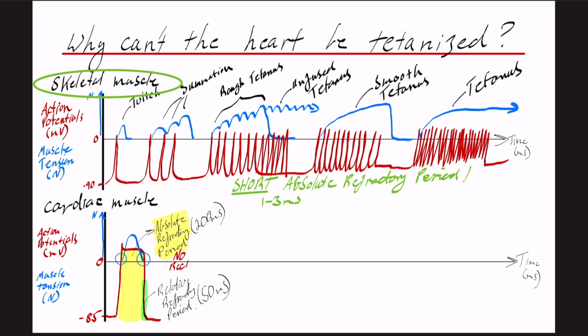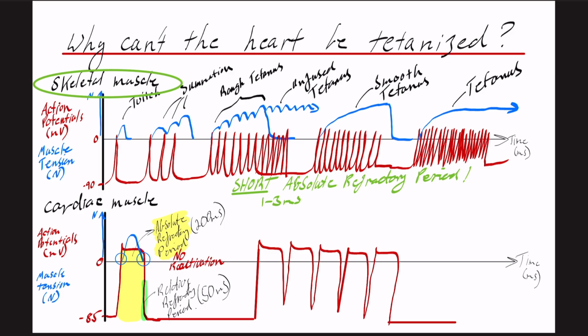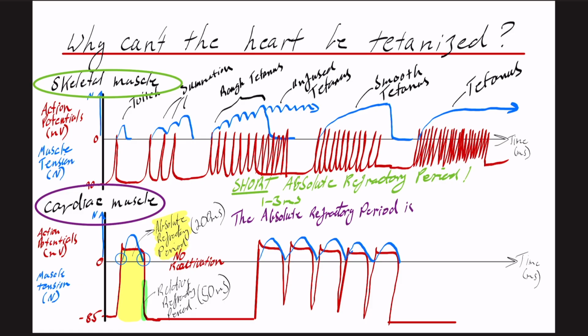So then if you were to draw out rapid succession of the action potentials, you can see here that there's enough time for the heart muscle to contract, relax over and over again as it normally would, despite there being rapid action potentials in sequence. And this is due to the protective mechanisms of the heart due to the plateau phase and the prolonged absolute refractory period, which is longer than contraction and relaxation of the cardiac muscle.